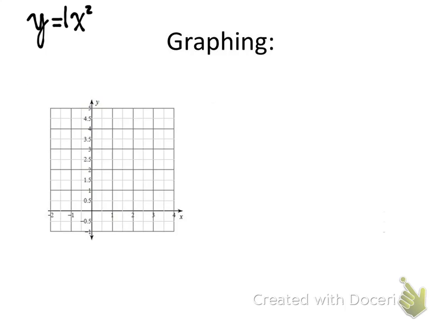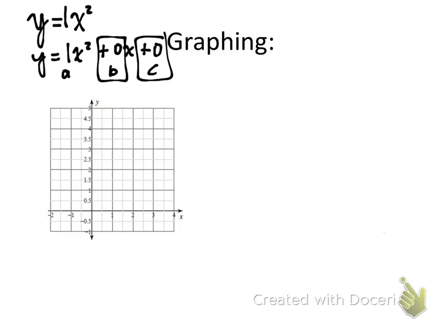There is no b and c, so we could actually rewrite the equation and add a b and a c. And so this is our a, this is our b, and this is our c. b and c are going to be 0, so it doesn't really affect what it is, but a is a positive 1, okay?